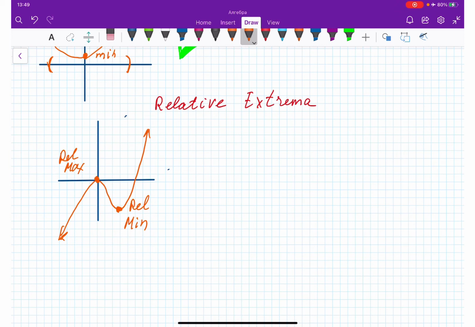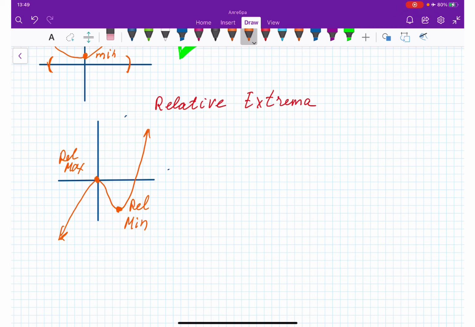So we can have relative maximum only when there's no interval, when it's running to infinity. Now, my question is, can we have absolute maximum and absolute minimum on this type of function that's running to infinity? No, we can't. But can we have relative maximum and minimum on a closed interval?